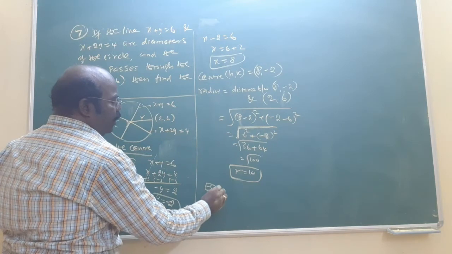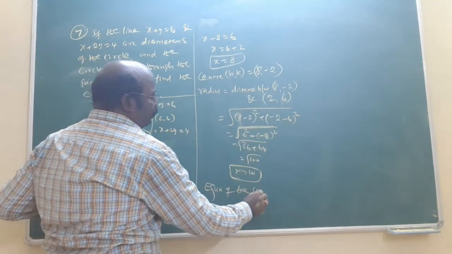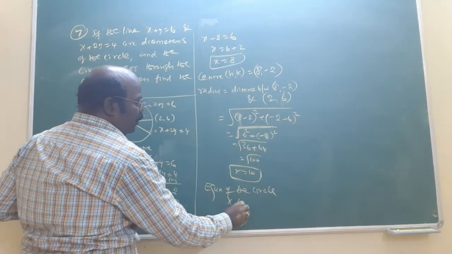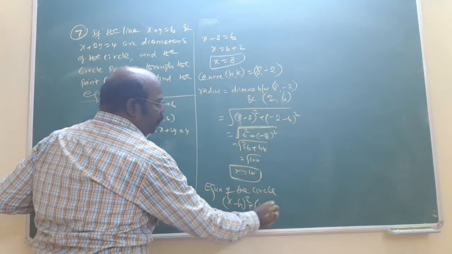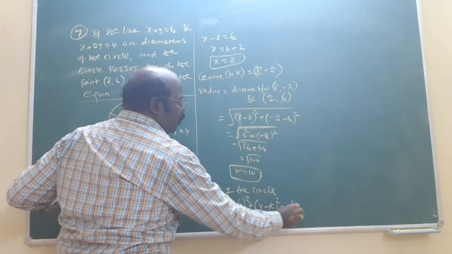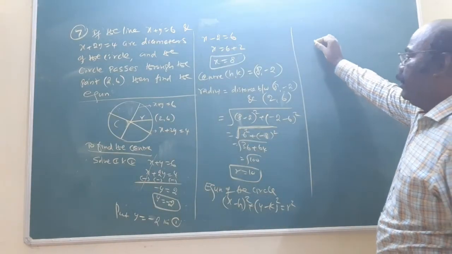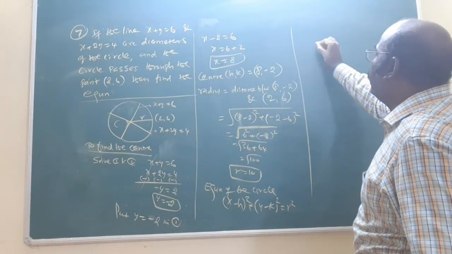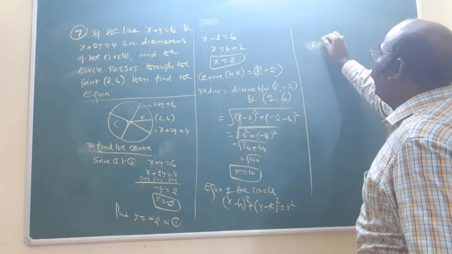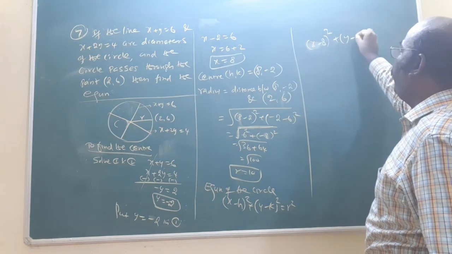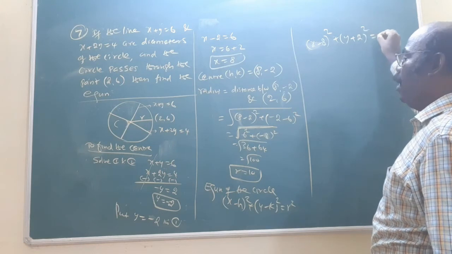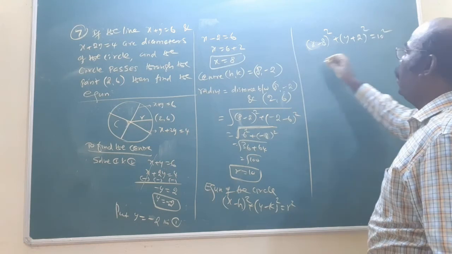Now find the equation of the circle. What is the formula? X minus h whole square plus y minus k whole square equal to r square. Now substitute here. X minus h is x minus 8 whole square, plus y plus 2 whole square equal to r, which is 10 square. What is the formula?